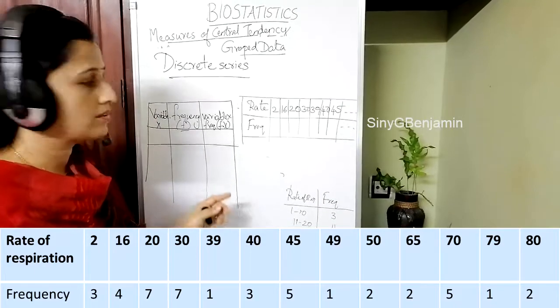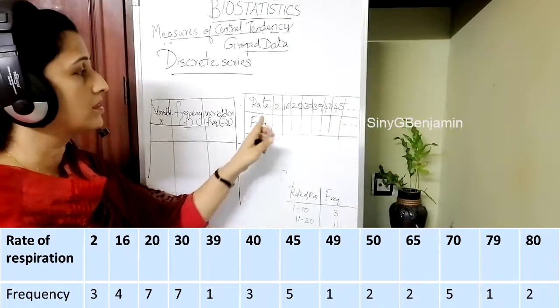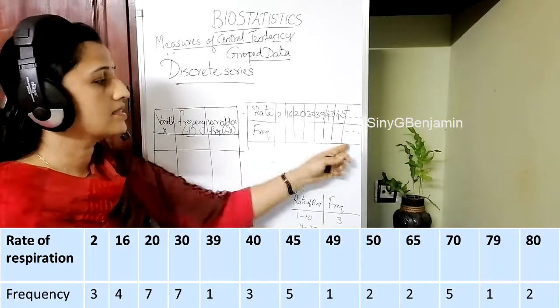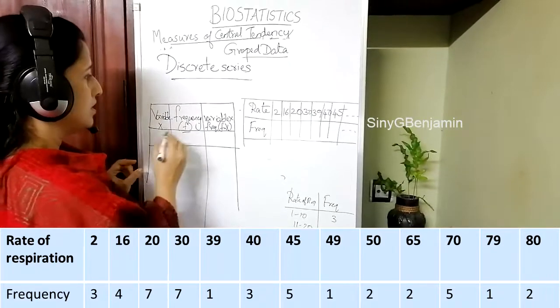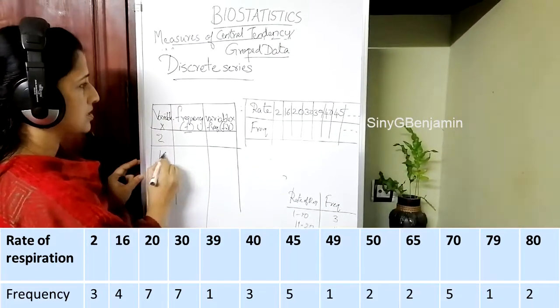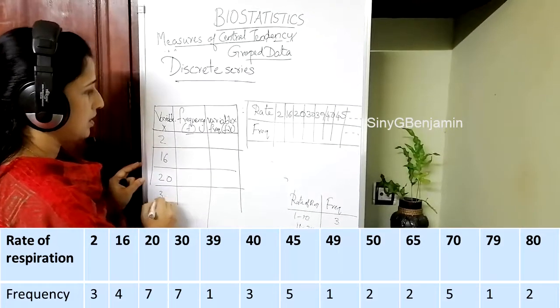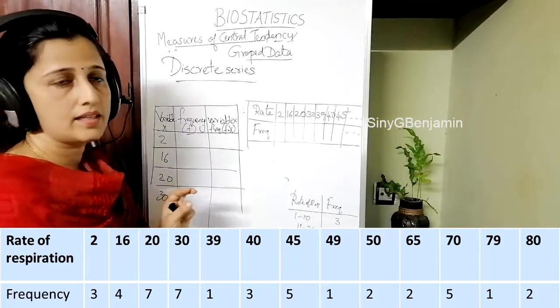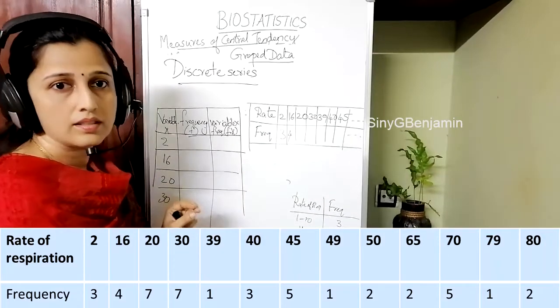From the table you can write the rate of respiration, that is the variable. These are the variables and this is the frequency. Rate of respiration is 2, 16, 20, 30, and it goes on like that, and the frequency is 3, 4, then 7.